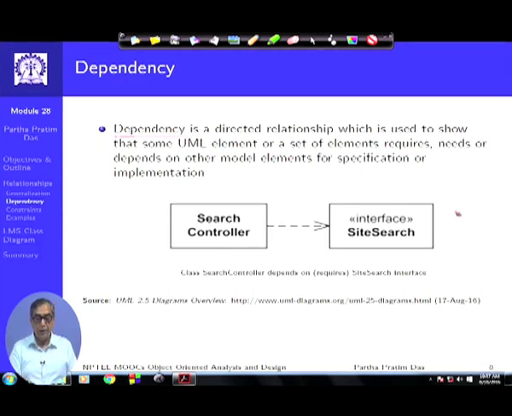Another form of relationship that is possible is known as dependency. Dependency represents a little bit of a different concept. It just says that between two classes, one class depends on another, one class is affected by another, one class may be using another.